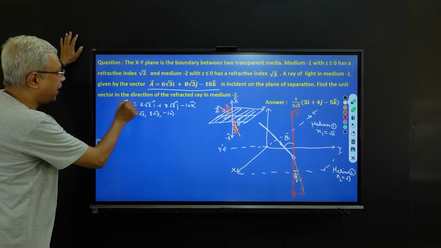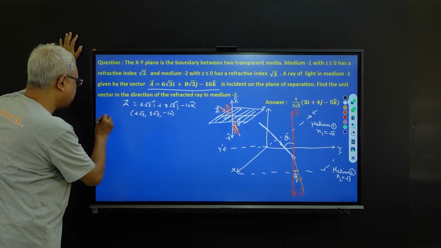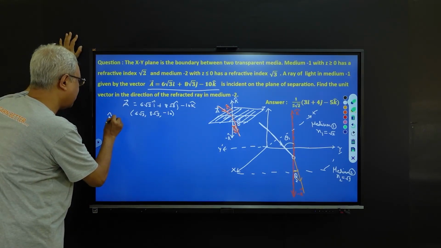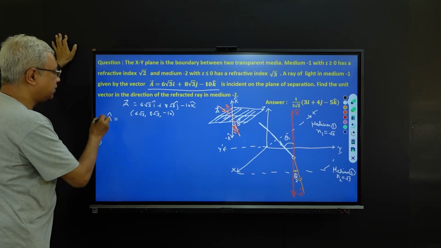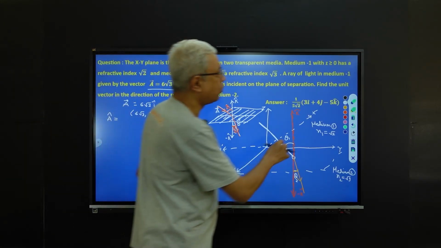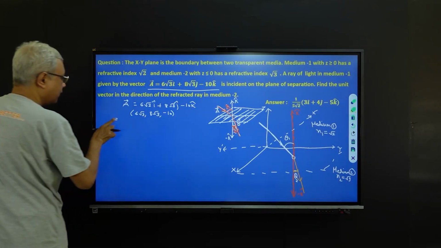Now, if A is the incident ray, then the unit vector along A, which I call A cap, is actually... before that, let me calculate the mod of A. So mod of A is how much?